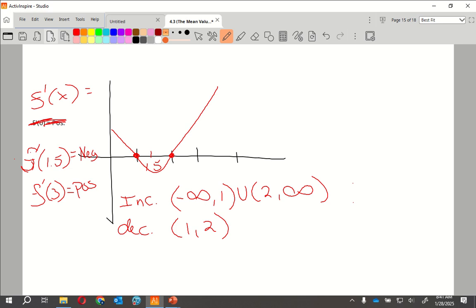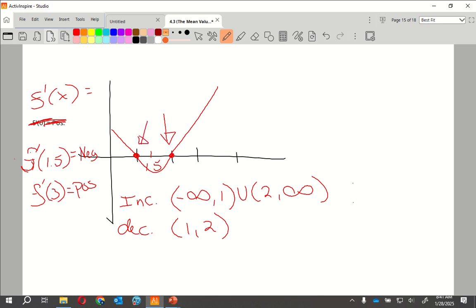So step by step, what was the first thing I did in this problem? Take the derivative and set it equal to 0. What does derivative equal to 0 give me? Critical points. Very good. So that gave me these critical points right here, and there, and there.